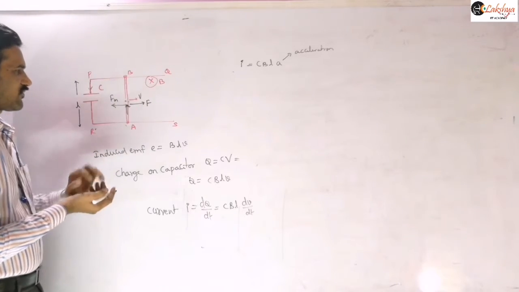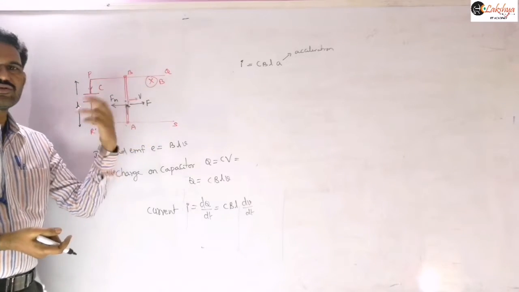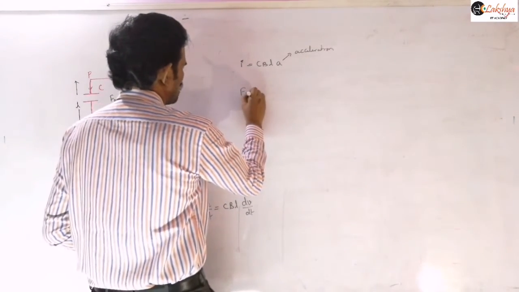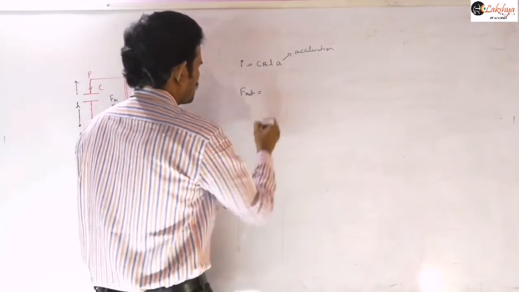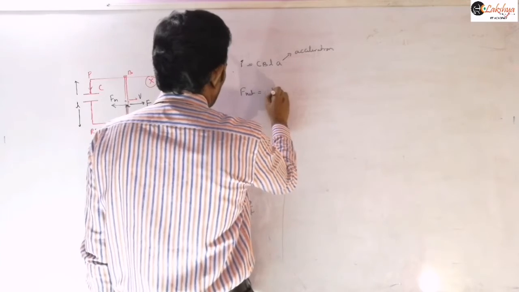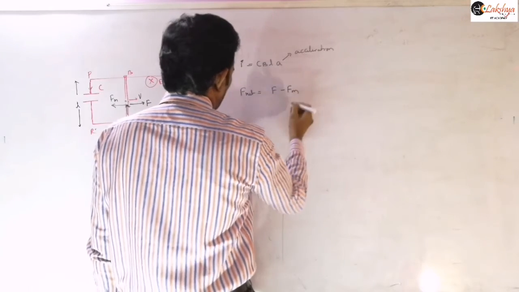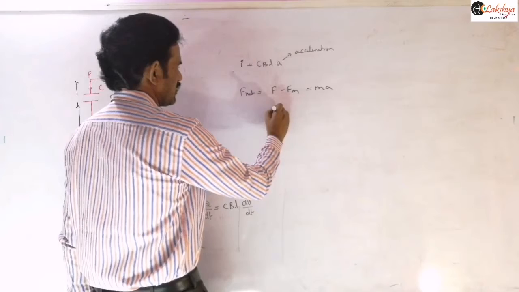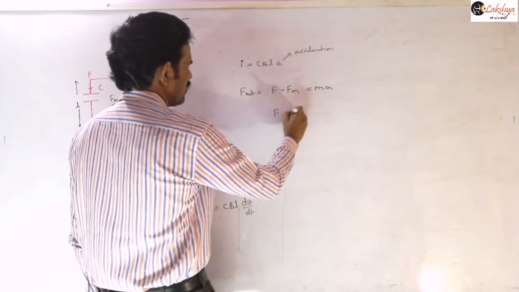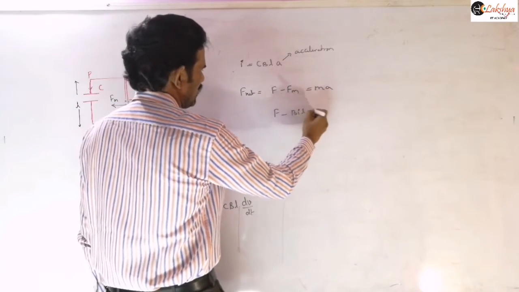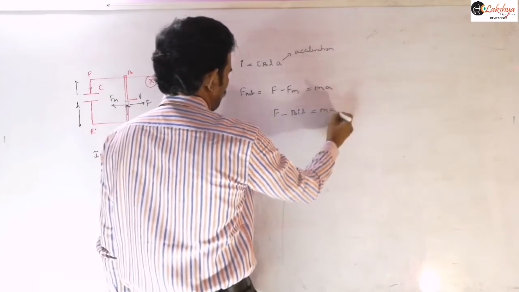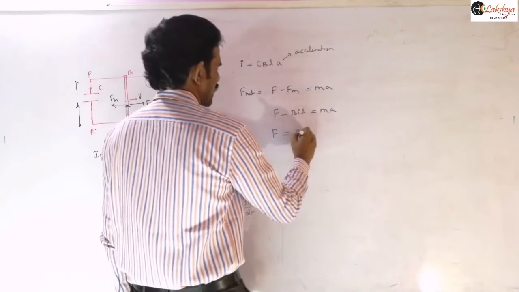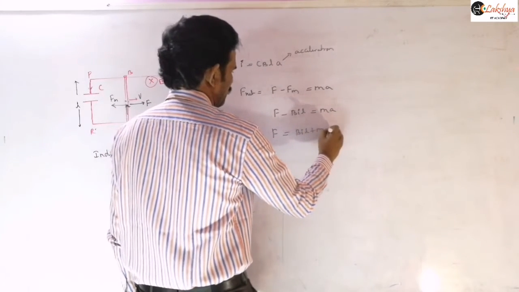And as the magnetic force is there and the external force is there, then you need to apply the net force equation. So net force is equal to F minus Fm, and this is equal to ma. So F minus Fm, where Fm is BIL, is equal to ma. And therefore F is equal to BIL plus ma.